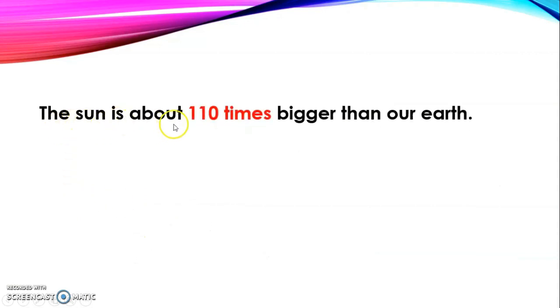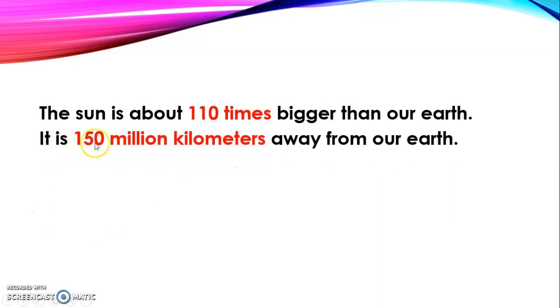The sun is about 110 times bigger than our Earth. So our Earth is very small compared to the sun.